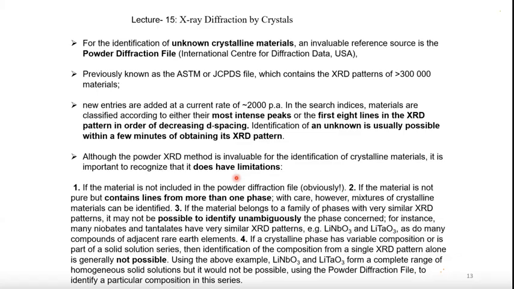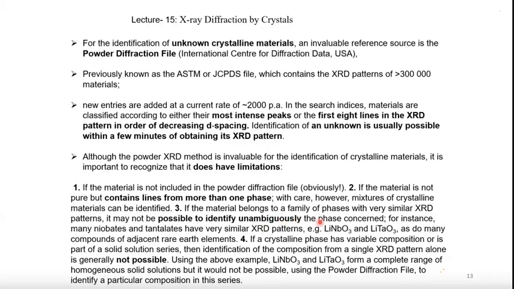If the material is not pure enough, then we get extra lines, which makes it difficult to identify. With care, however, a mixture of crystalline materials can be identified. If the material belongs to a family of phases with very similar XRD patterns, it is also ambiguous and not possible to identify properly.